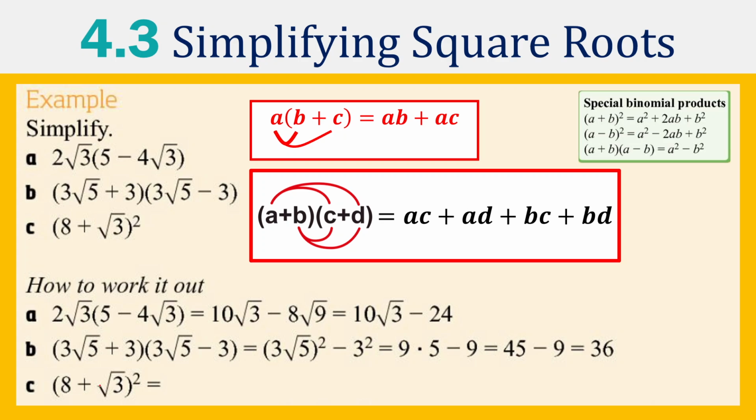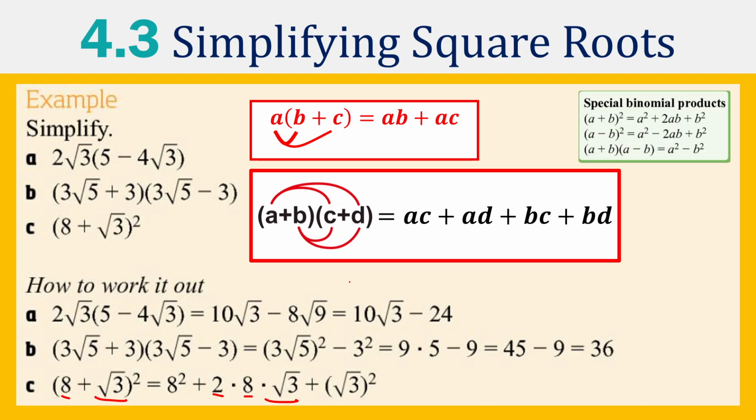The last one here as well, you can rewrite it to this if you want to, because that's what a square is. And then multiply out the brackets using the parrot speak method. I will use the special binomial product, which means I'm going to square the first thing. That's 8 squared. I'm going to do the double product: 2 times the first thing times the second thing, plus b squared, the last thing squared.